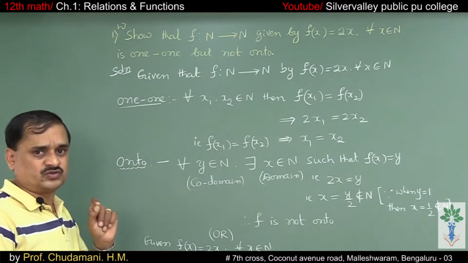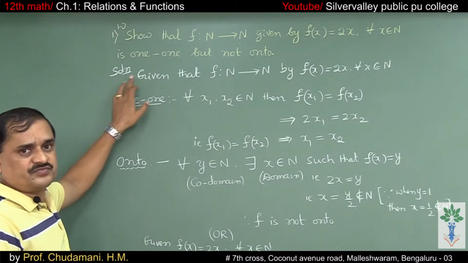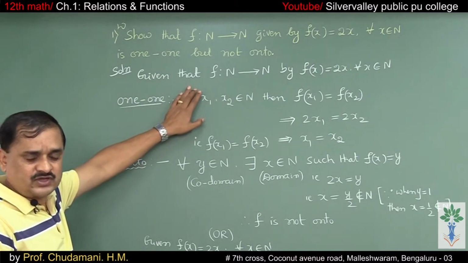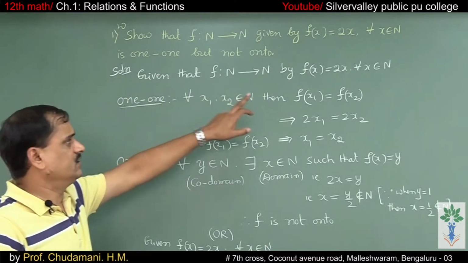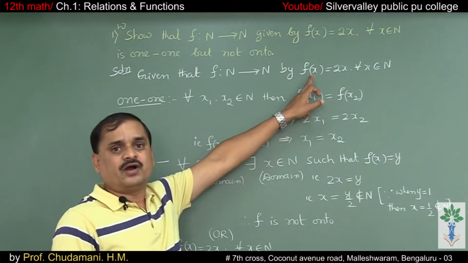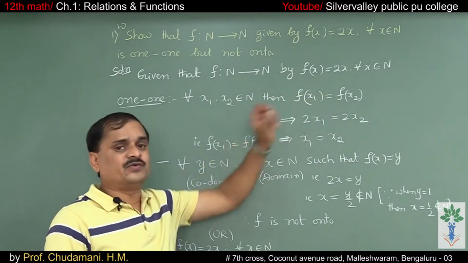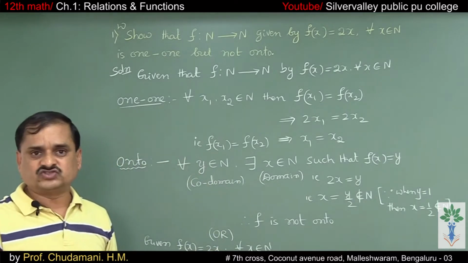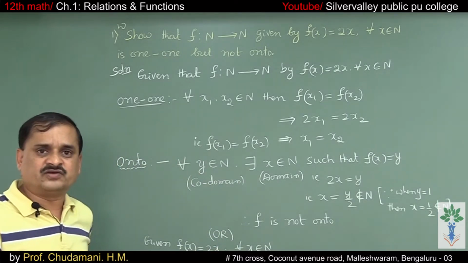We are supposed to prove this. Solution: given f, the function from N to N defined by f of x is equal to 2x for all x belonging to N. This is how they have defined the function.